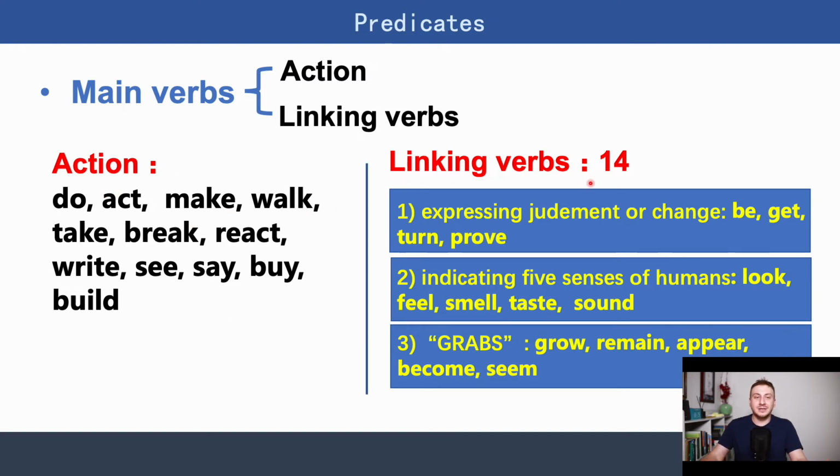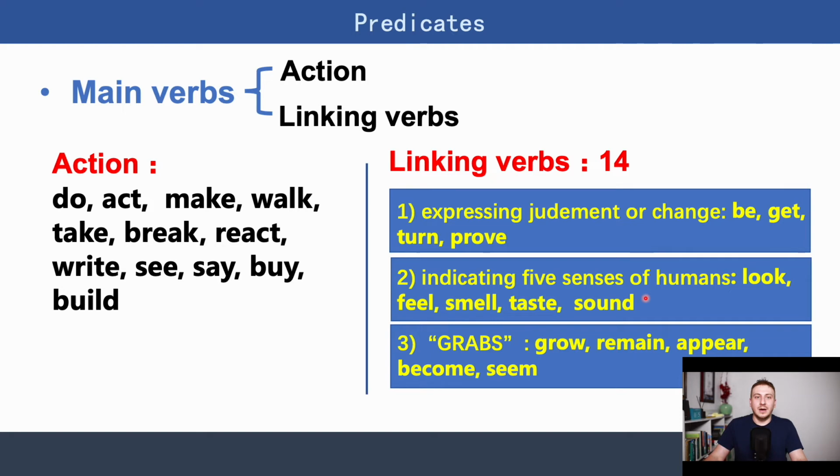There are 14 linking verbs in total, and we can put them into three categories. Now, the first category is to express judgment or some kind of change, and those verbs are be, get, turn, and prove. The second category indicates the five senses of the human, and those verbs are look, feel, smell, taste.